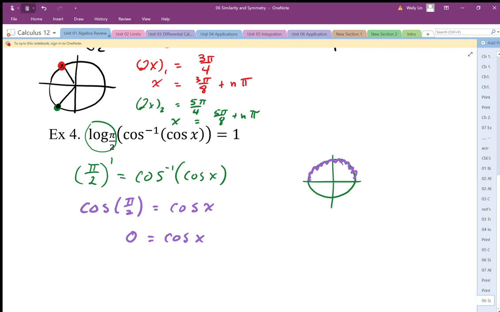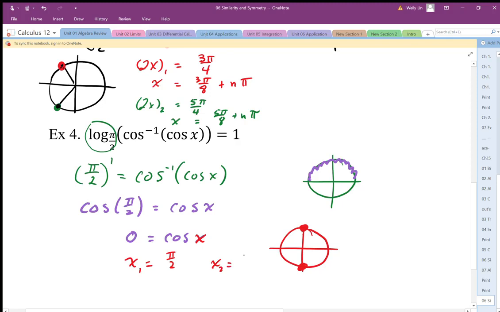But for cosine, we can have cosine can be here and here. So then we end up solving for x. X is equal to pi over 2. X is equal to 3 pi over 2. There are repetitions of this, so plus n2 pi. So those are my solutions for that particular equation.